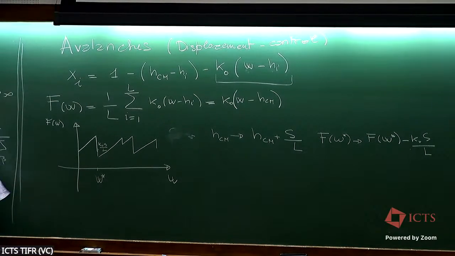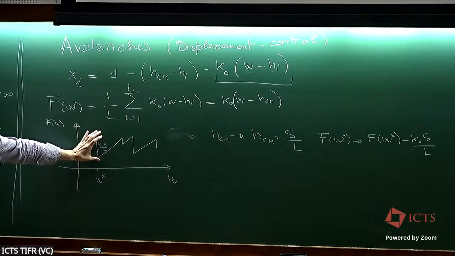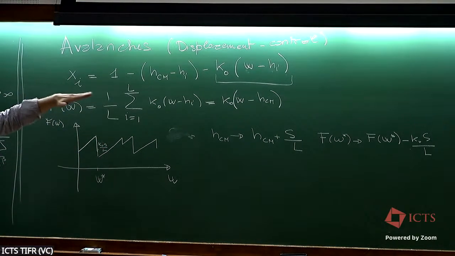And because the avalanches are divided by L, if the avalanches are not system size, when L goes to infinity, this noise will become smaller and smaller, and so you will see a flat line at a given force.